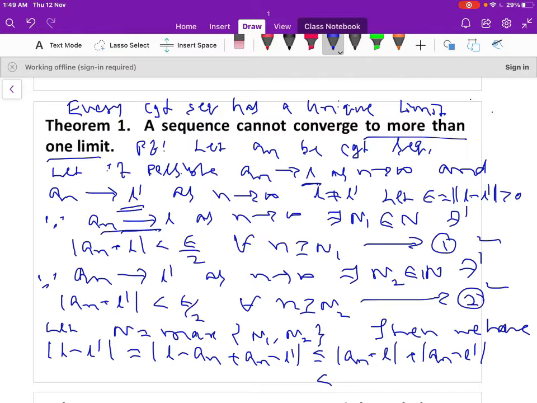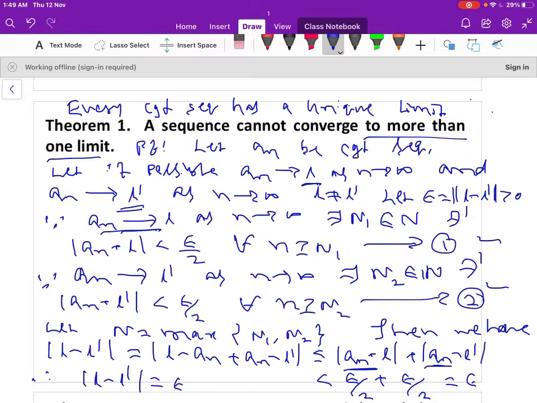By using 1 and 2, the modulus of a_N minus L is less than epsilon by 2, plus the modulus of a_N minus L dash, using 2, is less than epsilon by 2. So this is equal to epsilon. Therefore, the modulus of L minus L dash is less than epsilon.